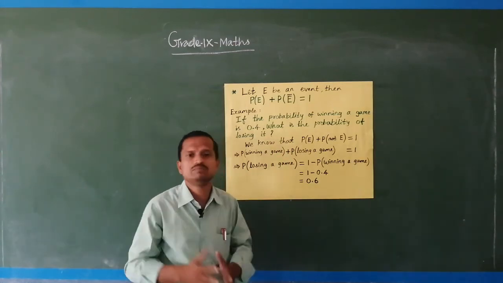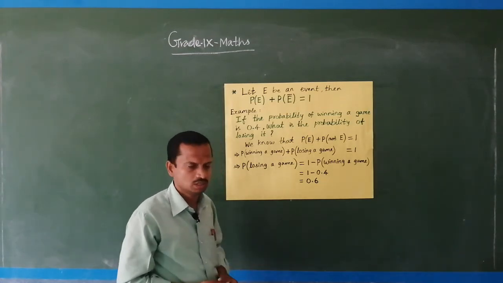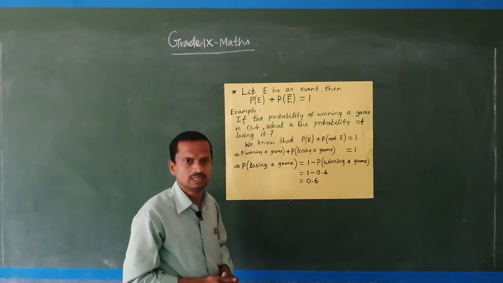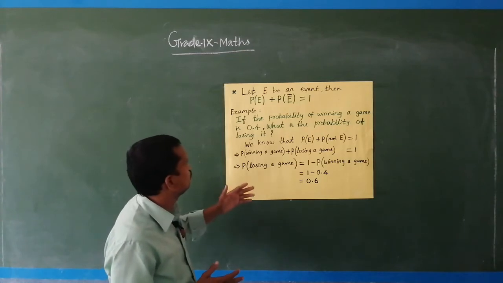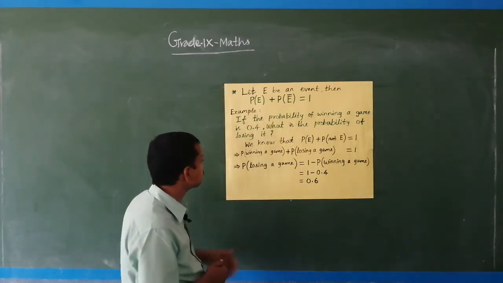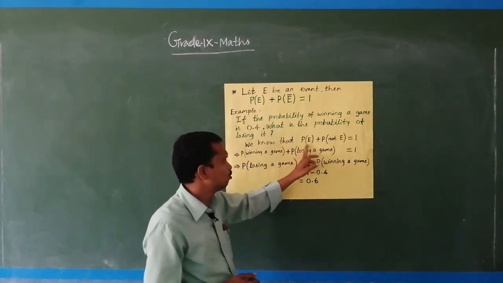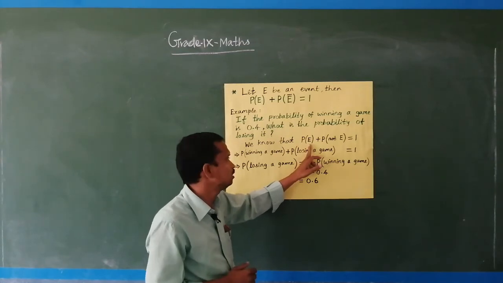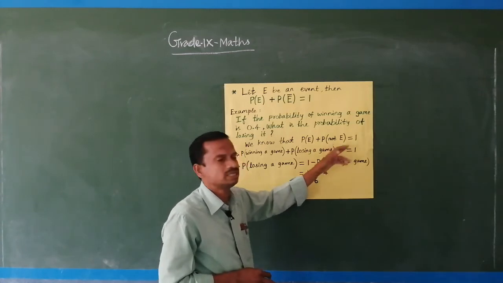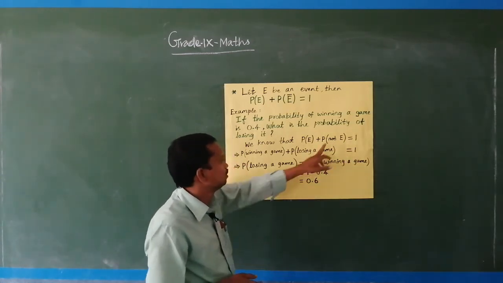So, losing the game means what is the probability? If the winning probability is given, how to find the probability of losing the game? Now we have to apply this formula. We know that the probability of any event E, if you add it with the probability of not E or E bar, anything you can write.